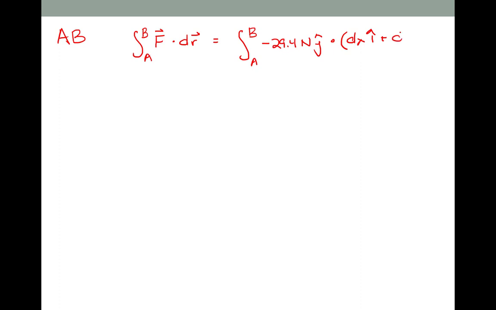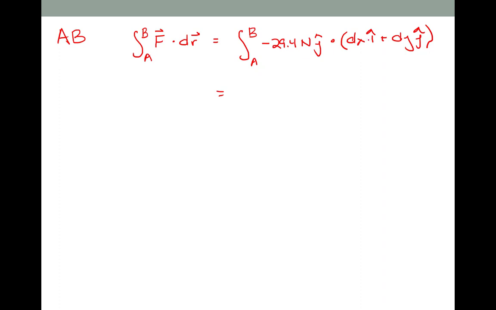Lastly, let's go along the diagonal. Along the diagonal, dr has 2 pieces. So my integral will become the integral from A to B of negative 29.4 newtons j hat dot dx i hat plus dy j hat.